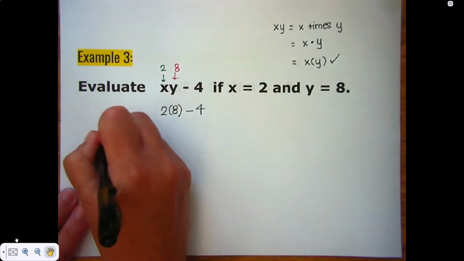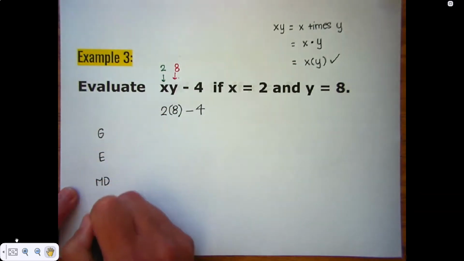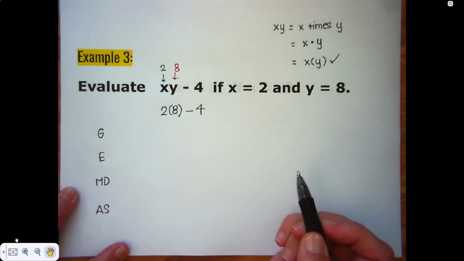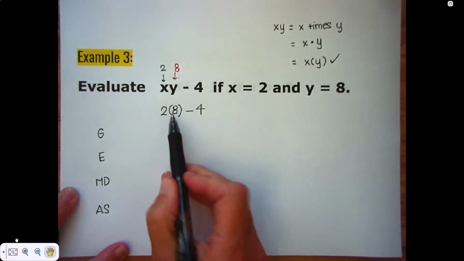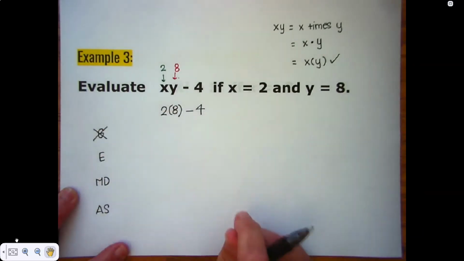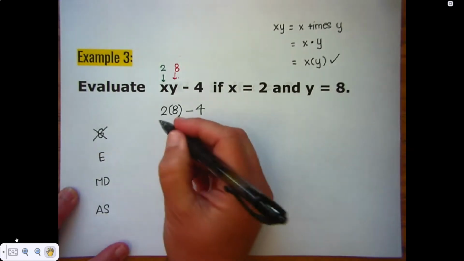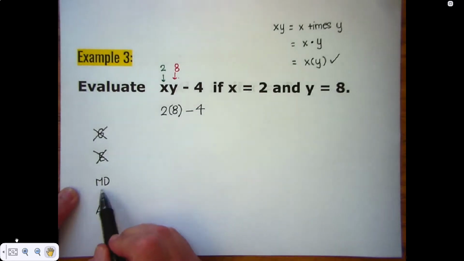And then to work this out, to evaluate it, we do GEMDOS. So does this have grouping symbols? And the answer is no. It has parentheses, but there's nothing to do inside. So no grouping symbols. Does this expression have exponents? No, it has 2 times 8 minus 4, no exponent. Does it have multiplying or dividing?